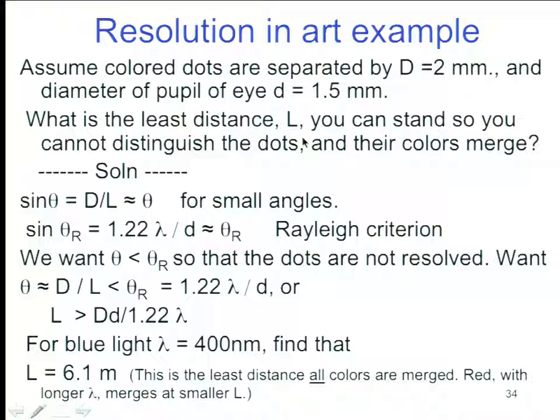The first dark ring is given by 1.2 lambda over A is sine of theta. But if you're far away, in radians, that's approximately equal to theta. So the idea is, if you have the two dots and the light is coming out of here, passing through the pupil of your eye, which is, let's say for the sake of argument, 2 millimeters. I don't want to be too fancy here.